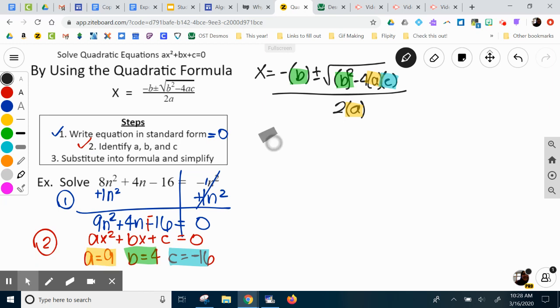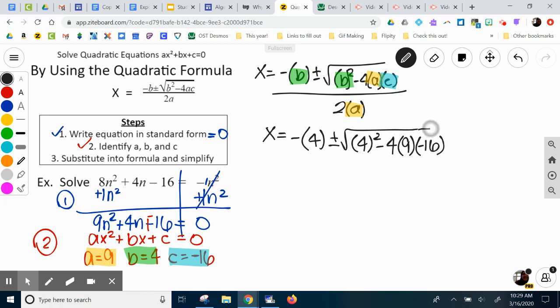So I've got x equals, every single time, x equals the opposite of b, which is 4 this time, plus or minus the square root of 4 squared minus 4 times a, which is 9, times c, which is negative 16. Keep that whole square root over it.